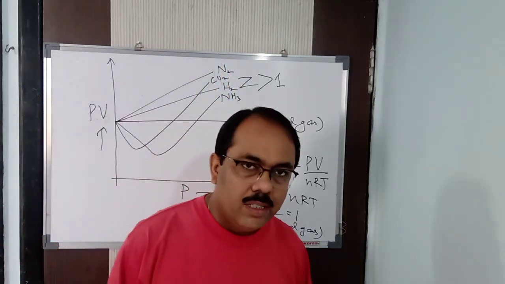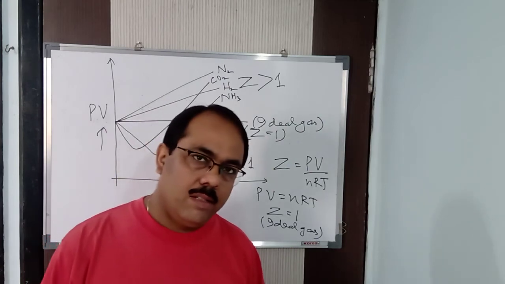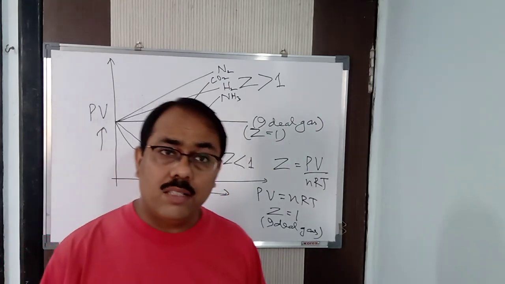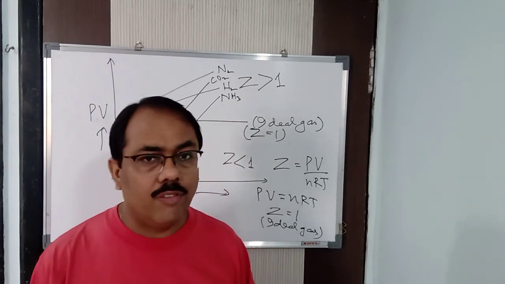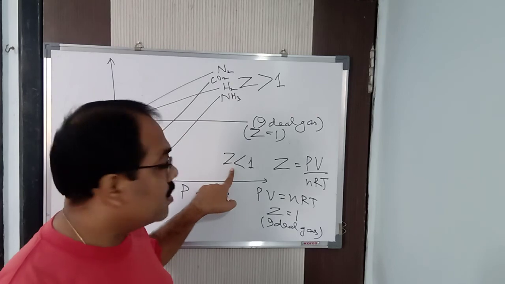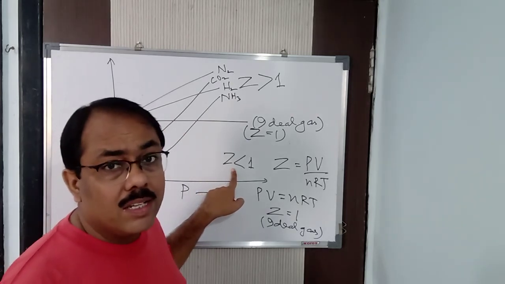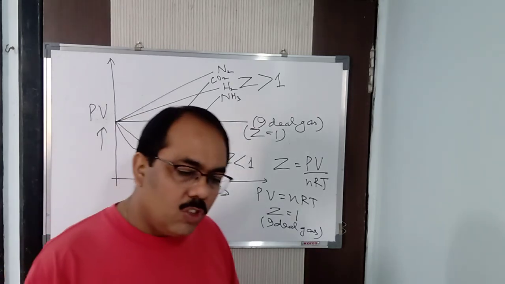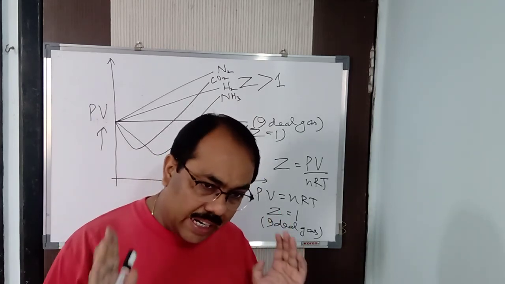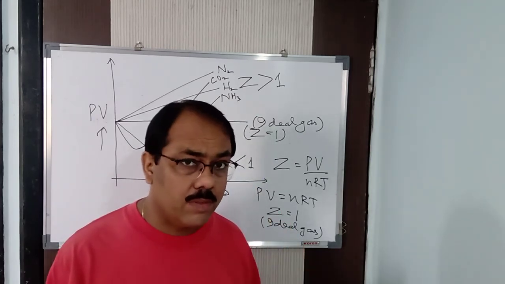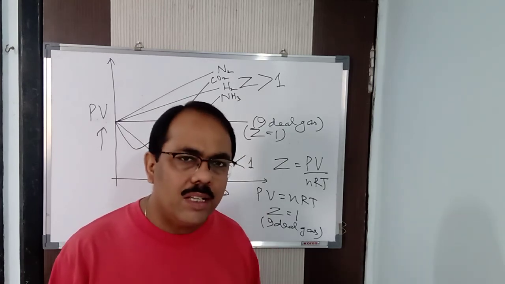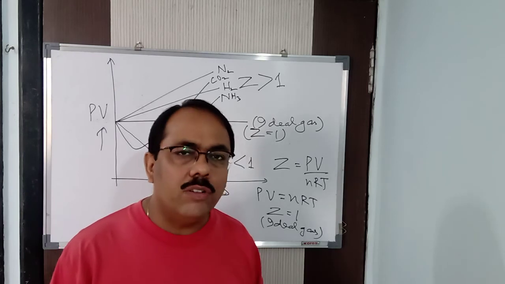But there are also gases which are easily liquefiable, like carbon dioxide, ammonia, sulfur dioxide. For these the compressibility factor is less than 1. Those gases which are easily liquefiable, which have high intermolecular force of attraction among themselves, have a compressibility factor less than 1, because you can easily compress them and bring them closer to each other.